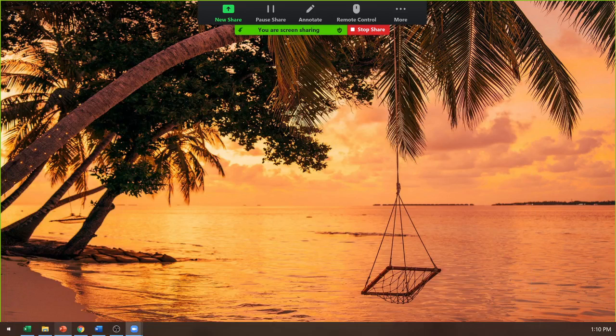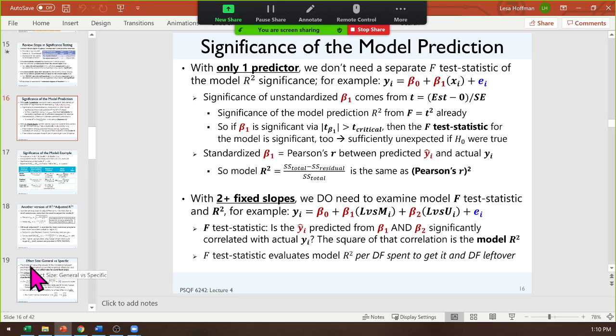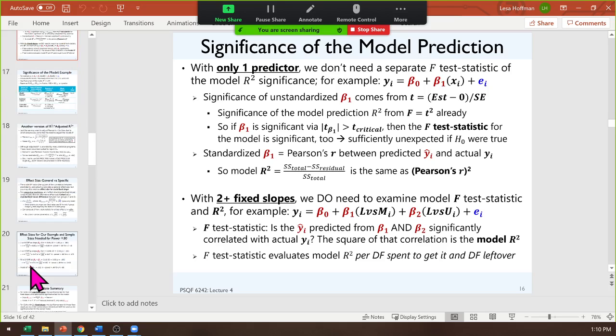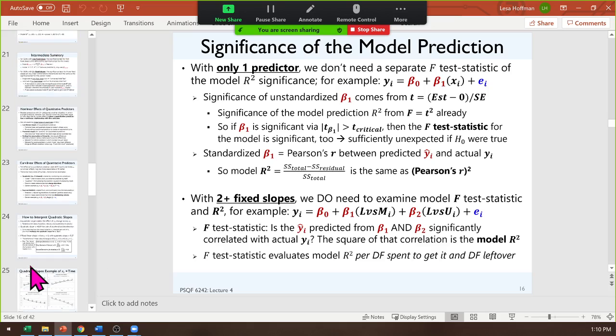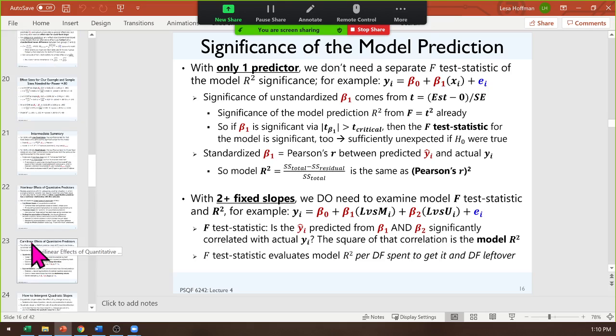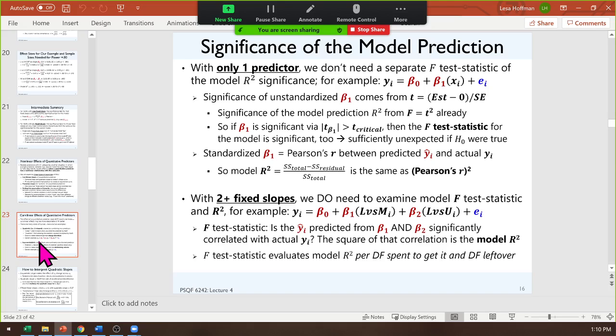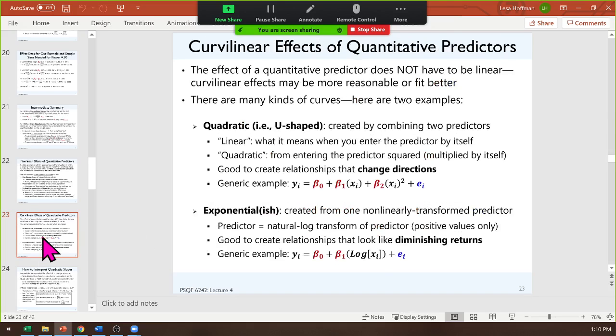Let me go back to the slides here. So the idea is to be able to fit a model. This is slide 23. That looks like this.